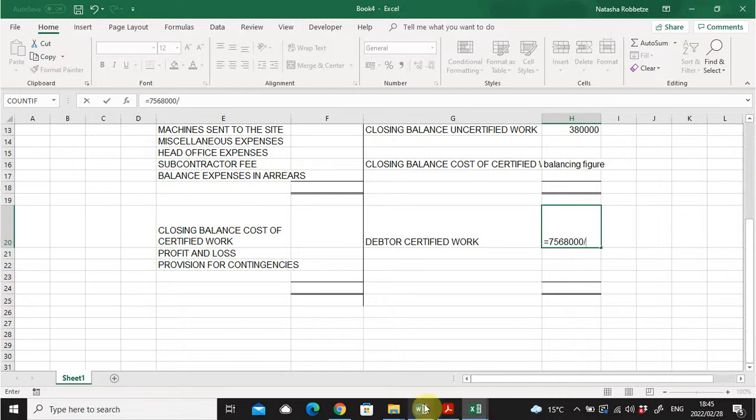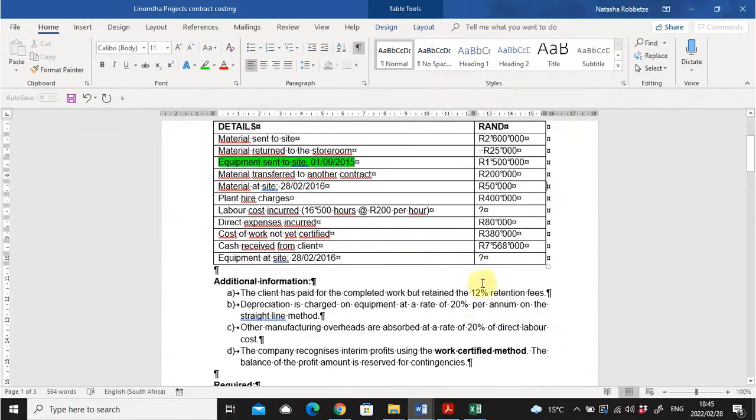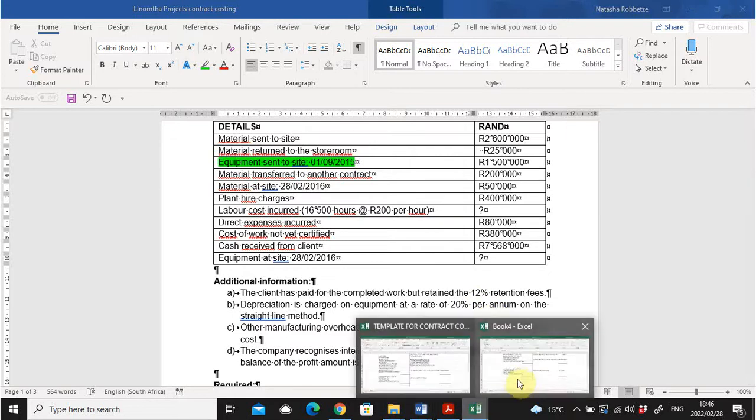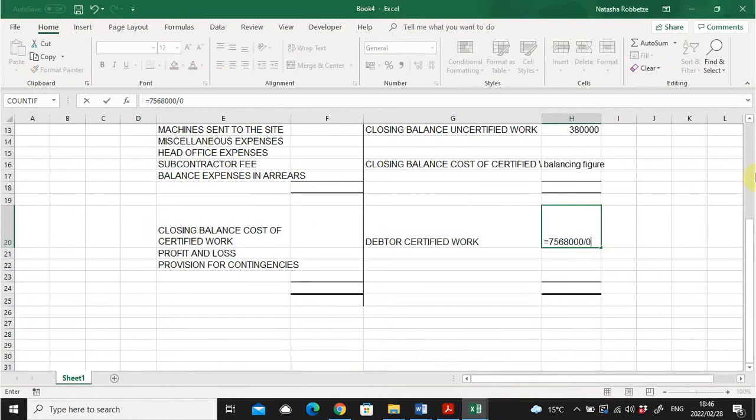The retention rate given is 12%, so the amount paid should represent 88%, because we want to invoice the debtor at 100%. So we're going to divide by 1 minus 12%, which is 0.88, and that gives us 8.6 million.